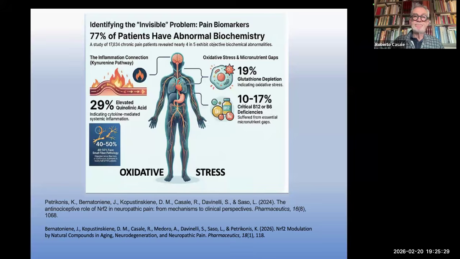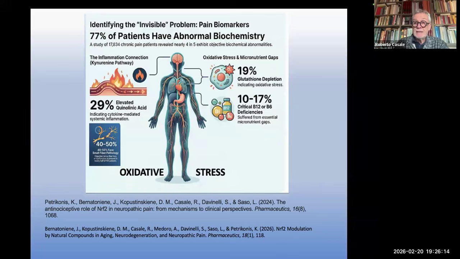You see, for now we are able to give you just some information about this invisible marker that we have. And the invisible marker is oxidative stress. We know that in case of chronic inflammation, or in the presence of neuropathy, as in small fiber polyneuropathy, we have a high degree of oxidative stress that we can study, looking at the level of the ability of the body to counteract the oxidative stress.